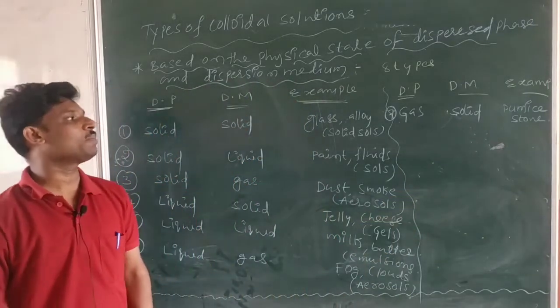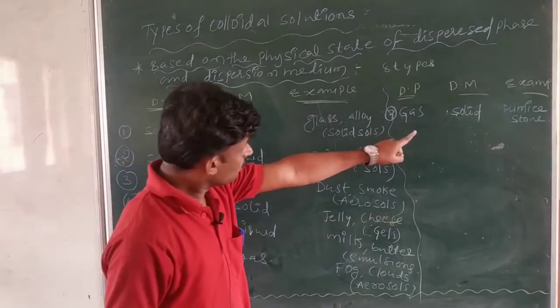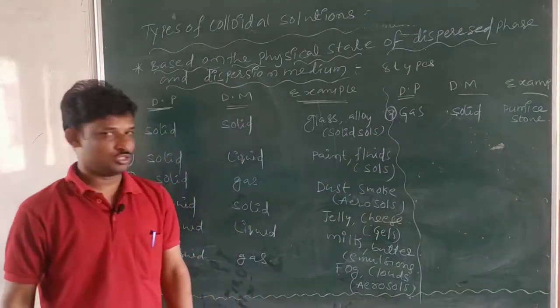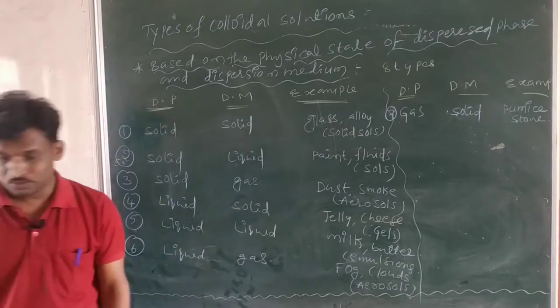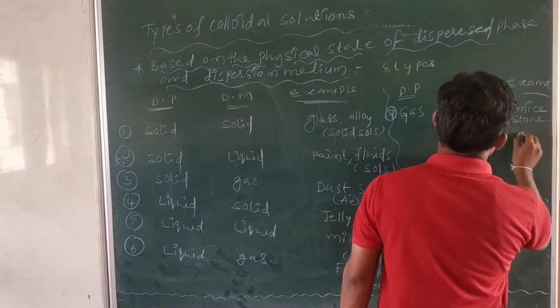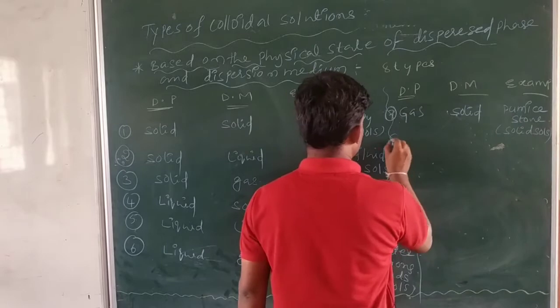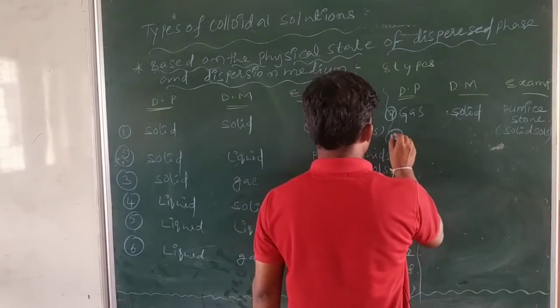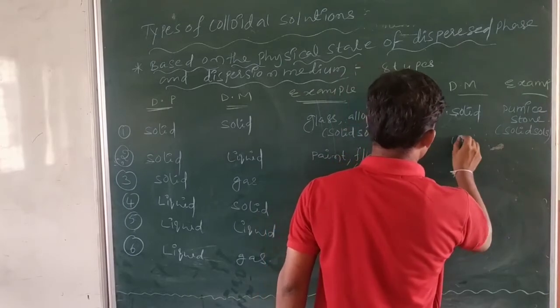What may we call this type of colloidal solutions? These are called solid sols. Next, the 8th type. In this case, I am taking gas and liquid.